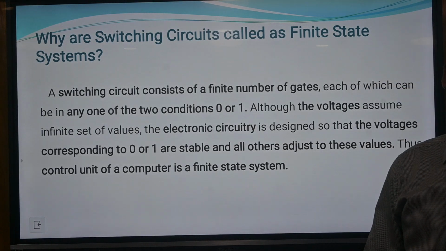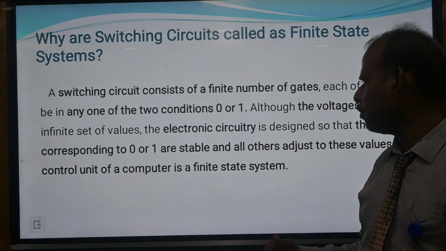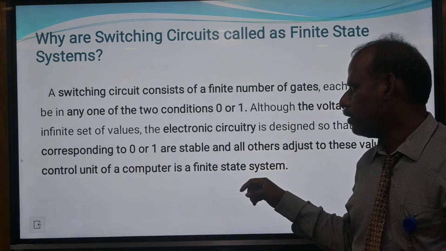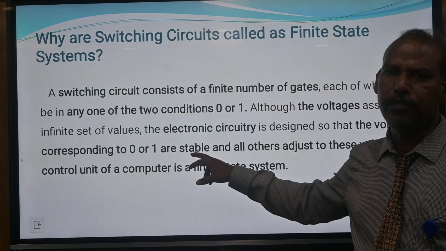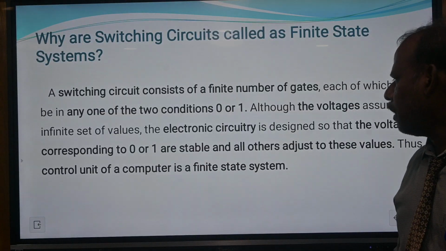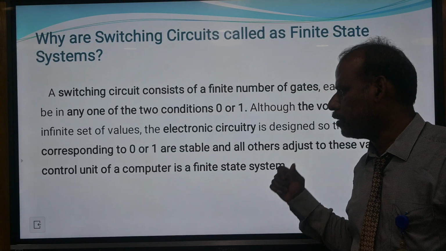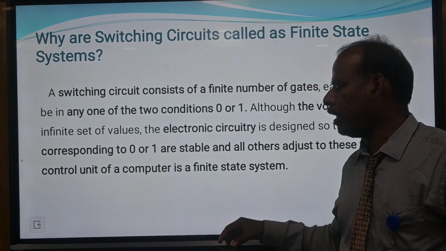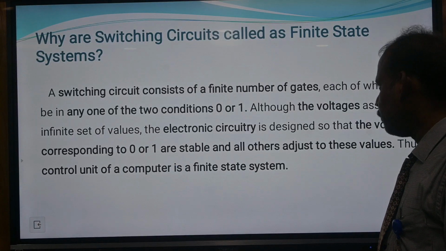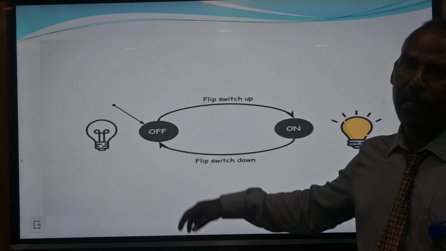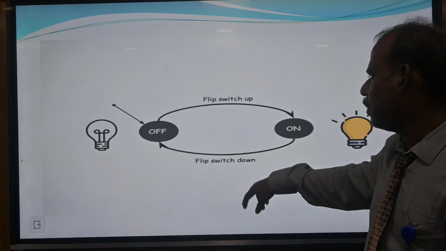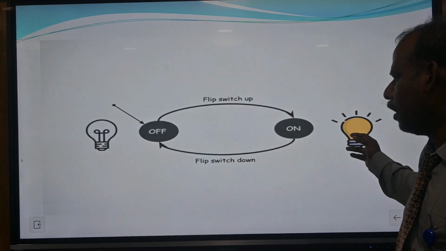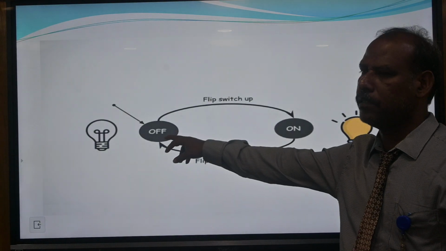They use voltages in electronic circuits, which have the corresponding values of 0 or 1. They can be stable and adjustable to control the computer. The computer is a finite state system. In this diagram, we have flip switch up, that is on, and flip switch down, that is off.